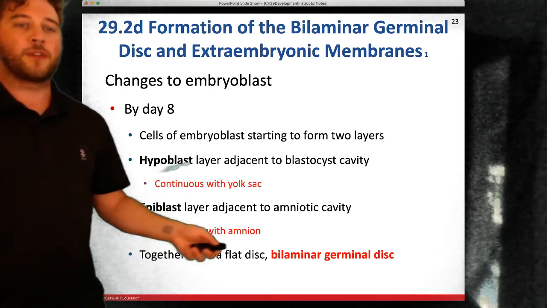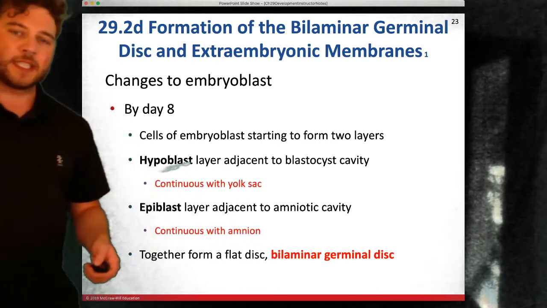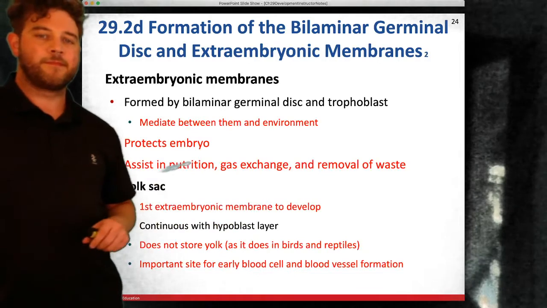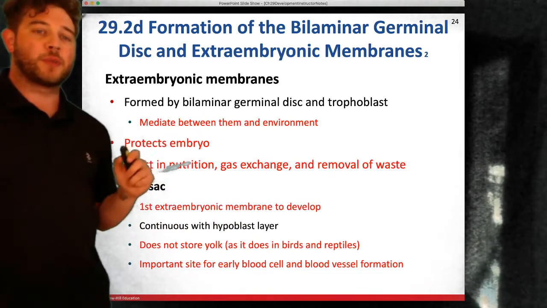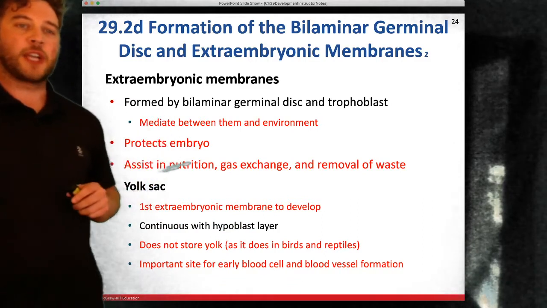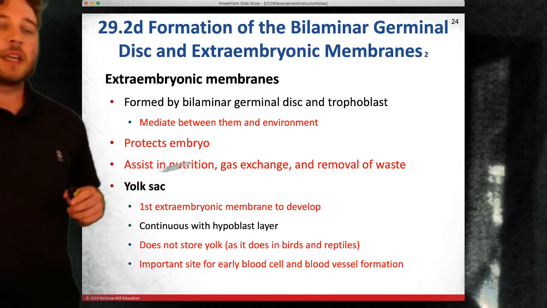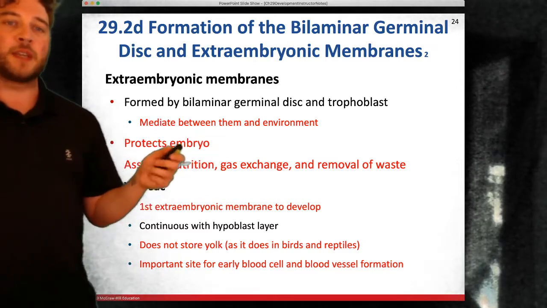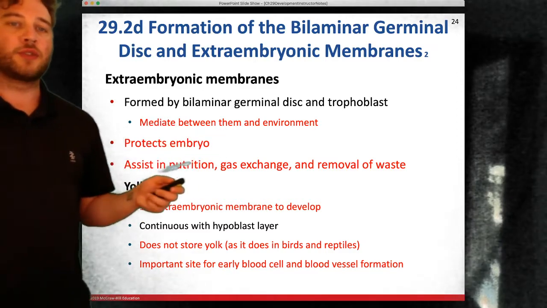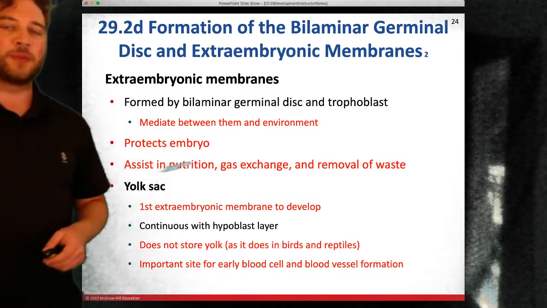Together they form a flat bilaminar germinal disc. The bilaminar germinal disc and the trophoblast help to form your extra-embryonic membranes. They help to protect the embryo, mediating between it and the environment. They assist in nutrition, gas exchange, and removal of waste.